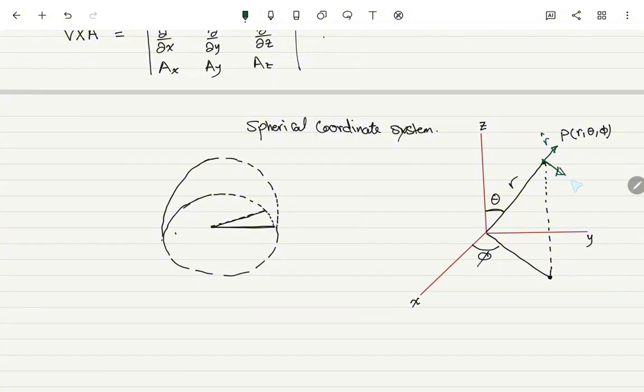So it will be this one, theta. And when you create a sphere, you first draw a disk and create an angle phi. So phi in this case will be this way. So this is phi hat and this is theta hat.